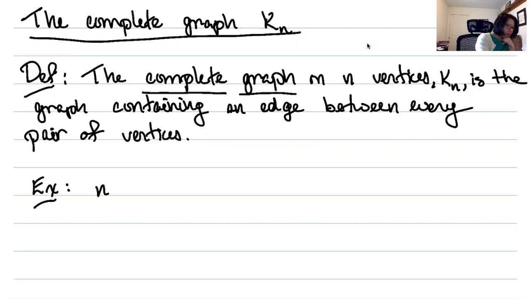When n equals 2, K2 is the graph on two vertices with an edge joining them. So that's every possible pair connected by an edge.